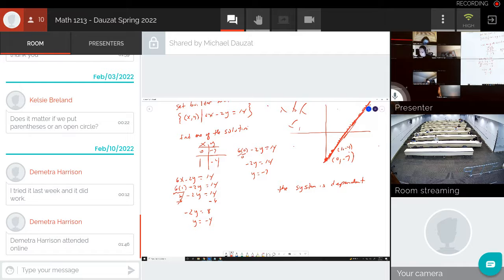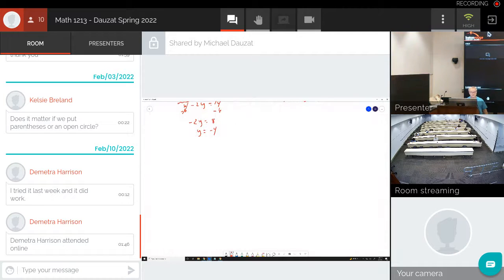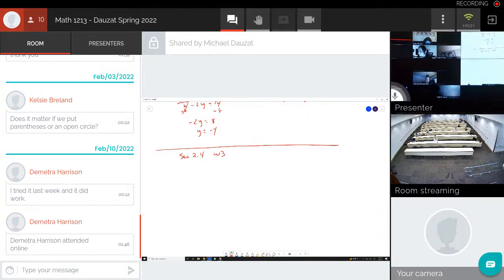That's a section on circles still. So you had some worksheets last week that dealt with circles. This is going a little bit further with the idea of circles. So let's look at this. It is not difficult. So section 2.4, worksheet 3, dealing with circles.